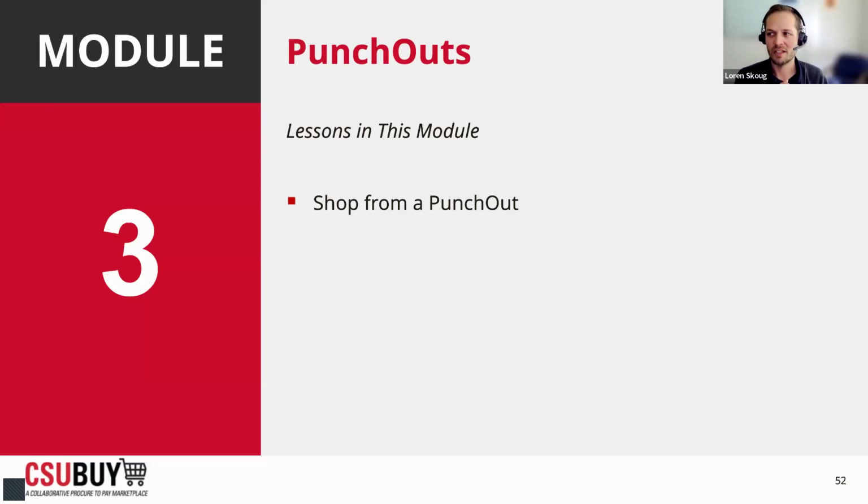The punch-out process is you essentially go to CSU Buy and click on the Staples icon. It takes you to staples.com or to their shopping portal. You shop on their portal like you normally would. It's a seamless transition. You click submit order, and it brings you back into our system and creates a shopping cart for you.